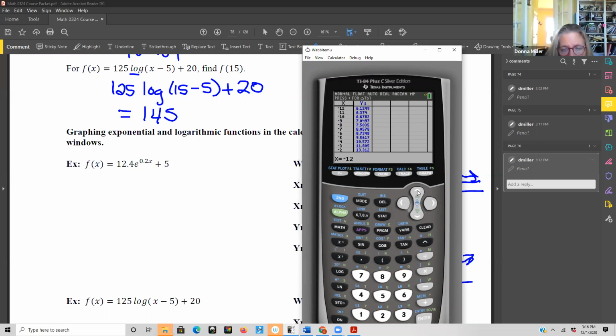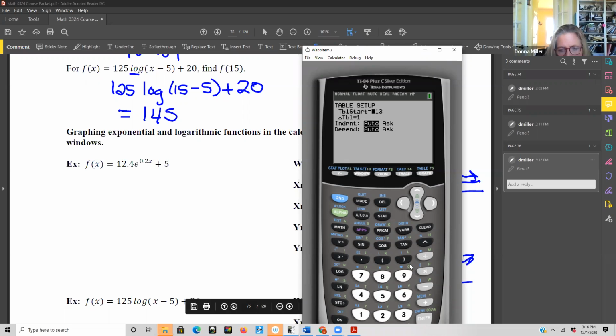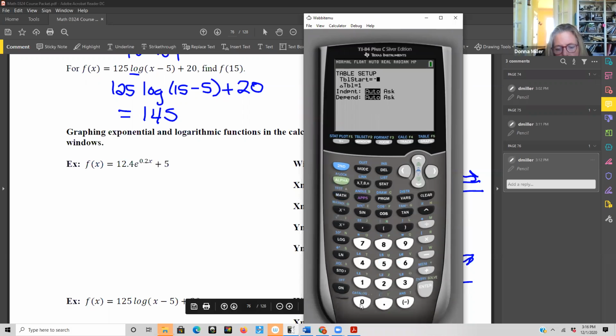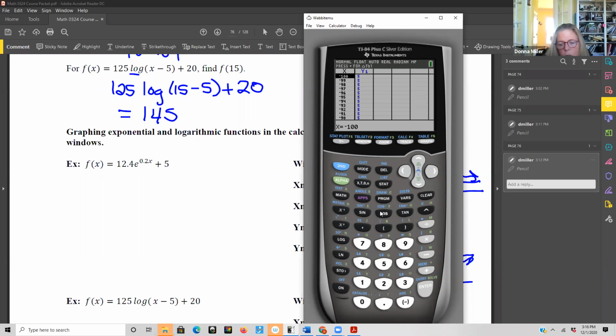In fact, in this graph, if I go to second table set, I'm going to go to negative 100. I want you to see what happens as X gets really negative. Let me go to the table. As X gets really negative, see why it's heading toward 5. It's never going to equal 5 but the calculator rounds it to 5, but it's never going to equal 5. It's just always heading to 5.